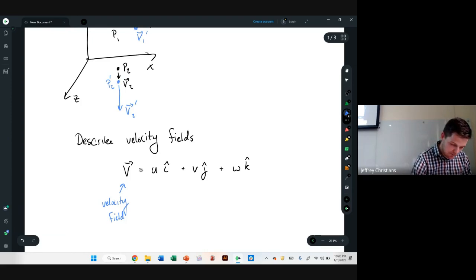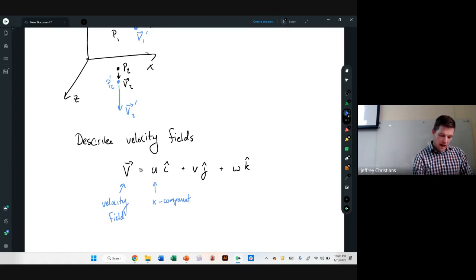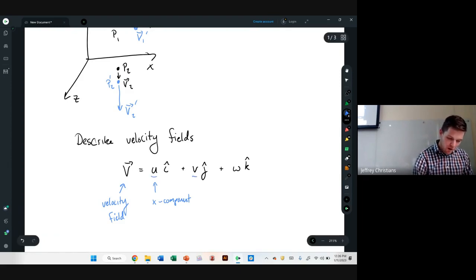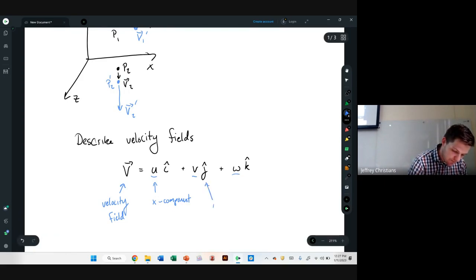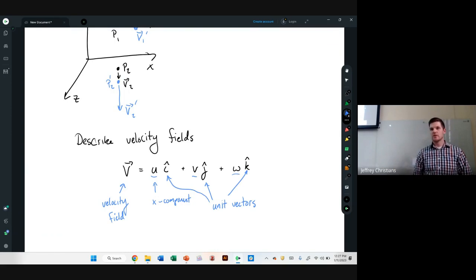That's the velocity field. u is the x component. v is the y component. w is the z component. So we're going to split our vectors, which are pointing in all different directions, into how much is it pointing in x, how much y, how much z. And i, j, and k are the unit vectors, the x, y, z unit vectors.